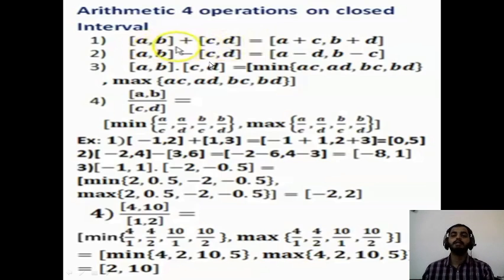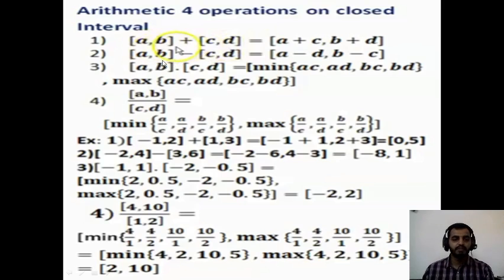This is how the subtraction will be done. Addition, first element with the third element, second element with the fourth element. Here with reference to subtraction, first element with the last element and second element with the third element. This is how subtraction is done.